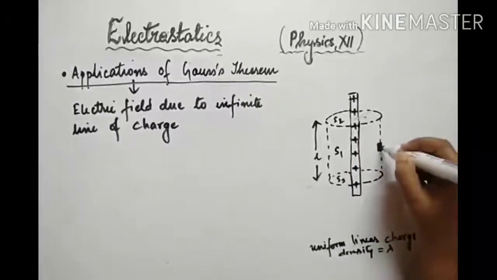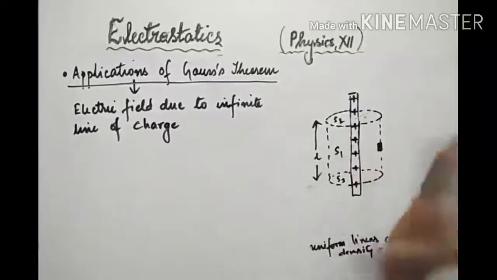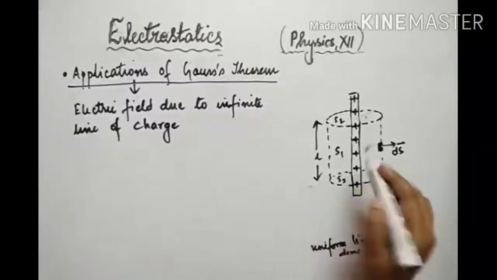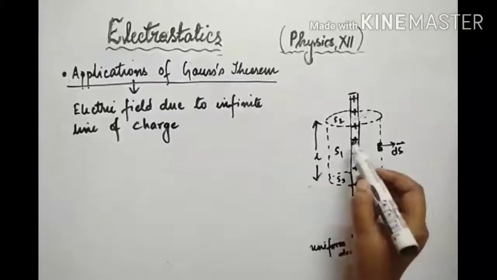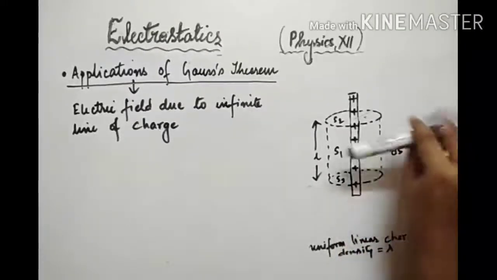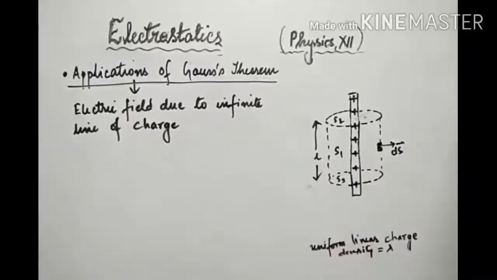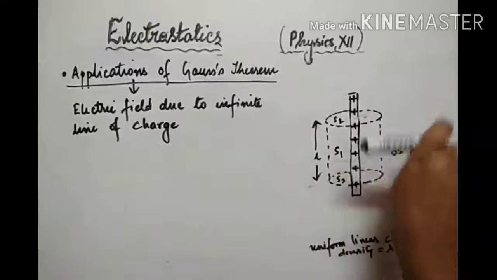If we consider a small surface area on the curved side of the cylinder, it will be along this direction. And for a cylindrical surface, the electric field will always be along the outward direction.